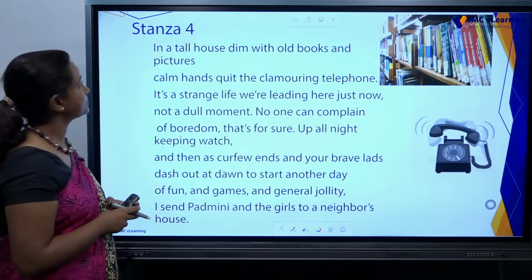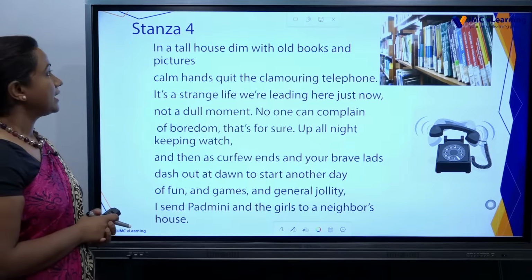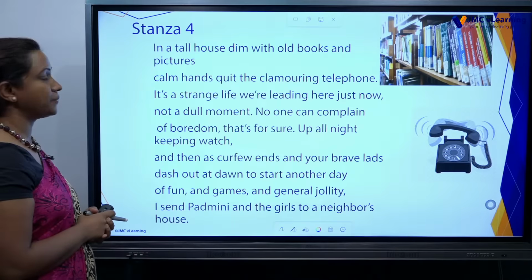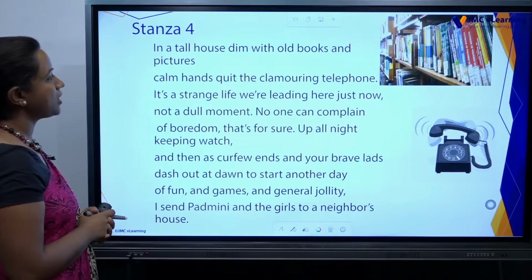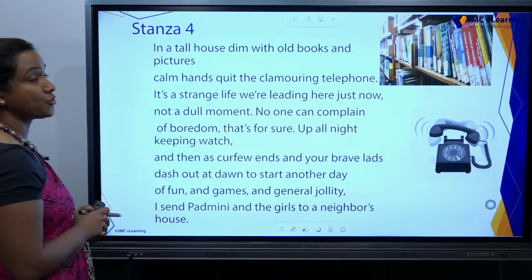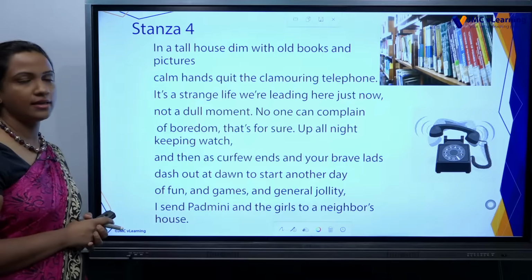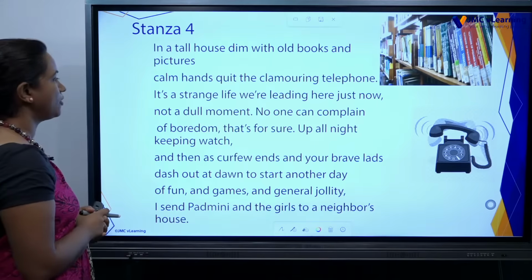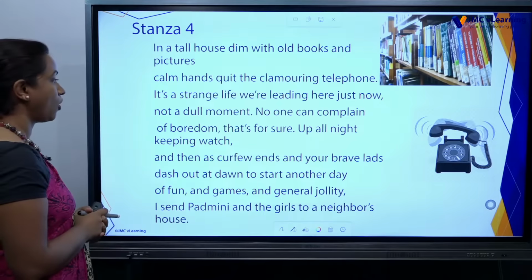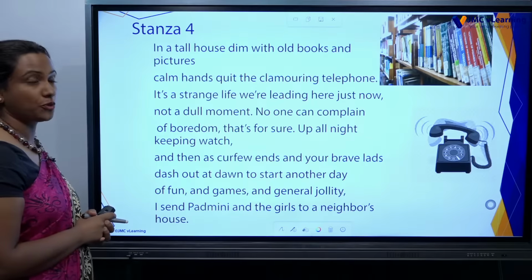Stanza 4. In a tall house, dim with old books and pictures, calm hands quit the clamoring telephone. It's a strange life we are leading here just now. Not a dull moment. No one can complain of boredom, that's for sure.